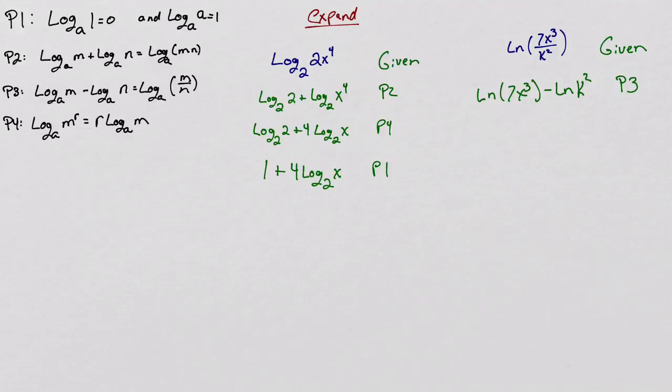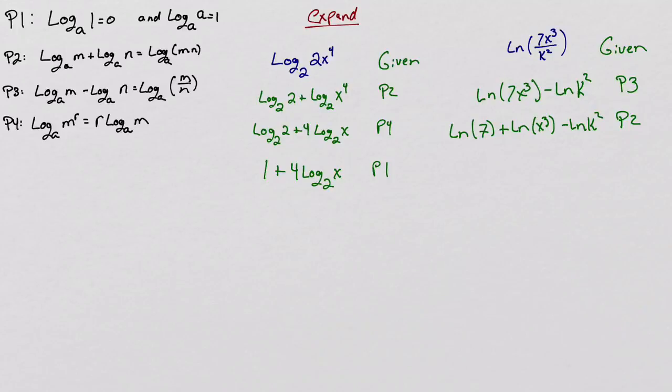From here, I'm going to break up 7 times x cubed because that is our product property, our second property, P2. So we're going to do ln, everything's the same base, 7 plus ln of x cubed minus ln of k squared, and of course that's the second property.